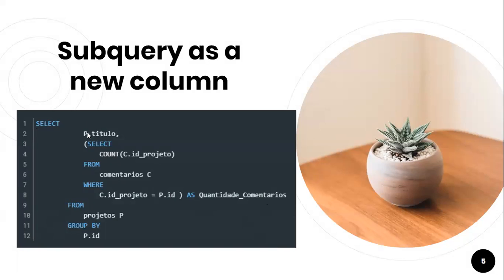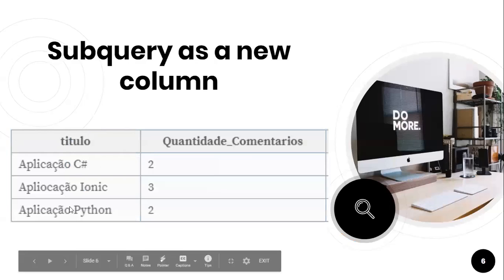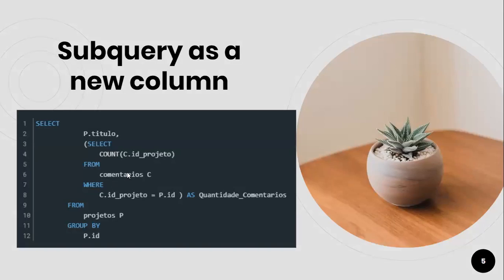So we have here the title, one column, comma, and the other column would be here. But as it is a subquery, it behaves as a column. So the result is the title column and the other column from the subquery.